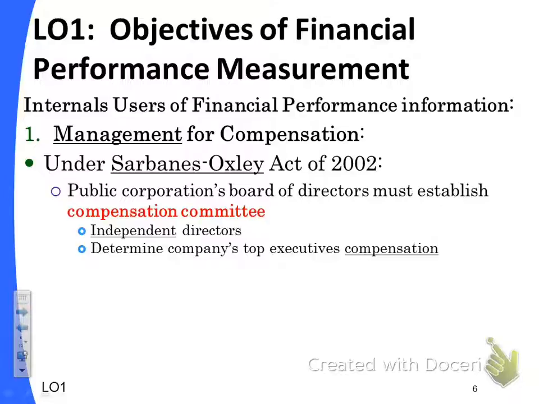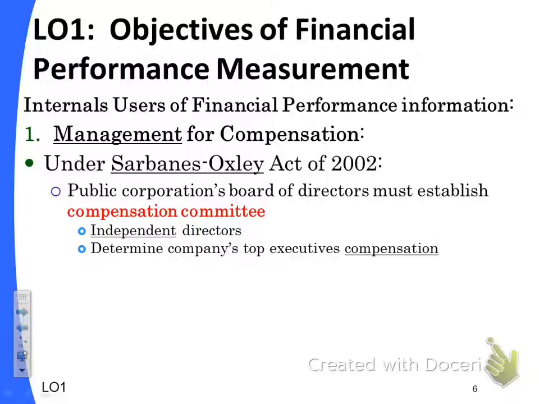Under the Sarbanes-Oxley Act that we've talked about a couple of times, part of the challenge when a company's management team is tied to the performance objectives of the company is that sometimes there's a downside, a bad incentive.